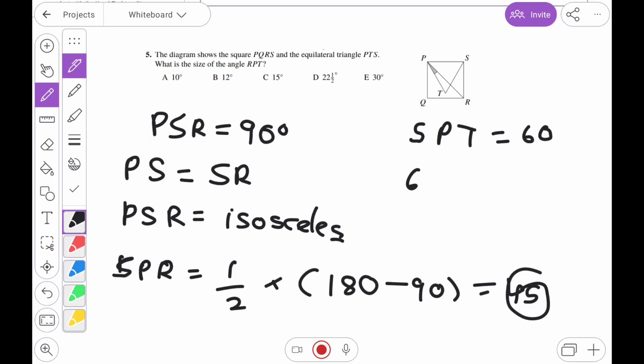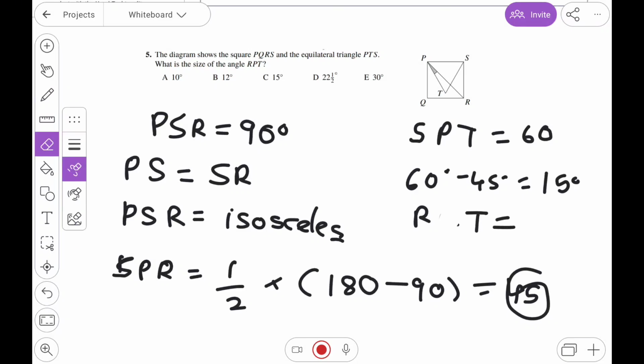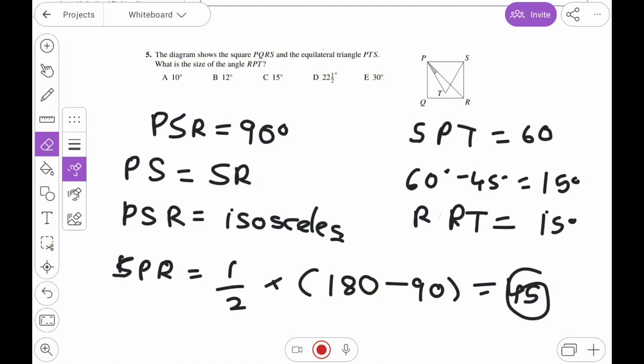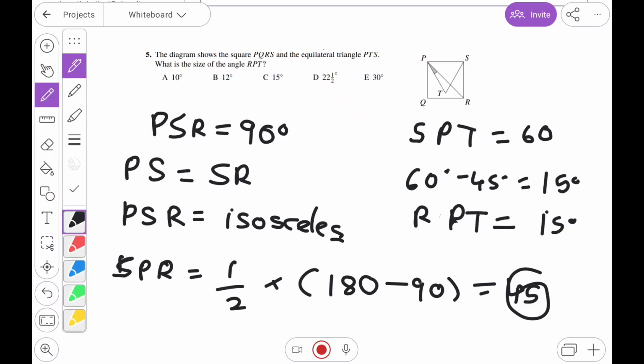So 60 degrees minus 45 degrees is 15 degrees. RPT is 15 degrees. So the answer is C.